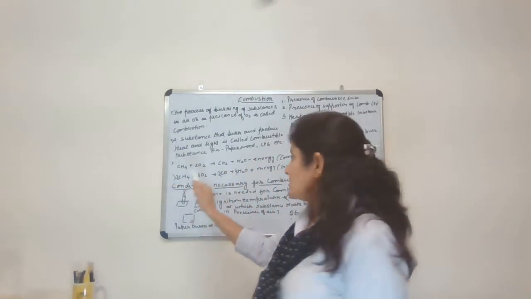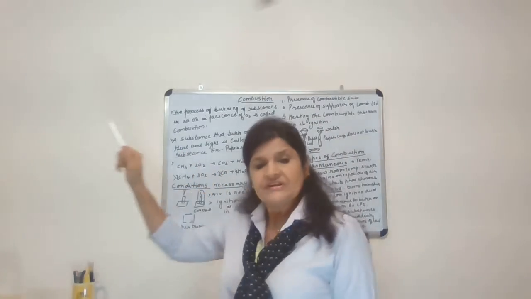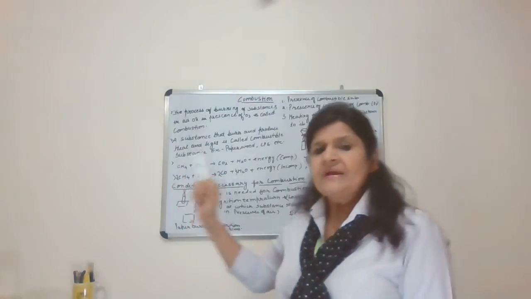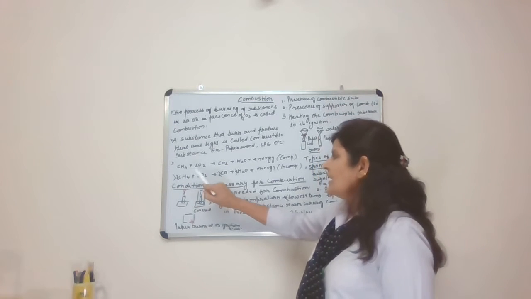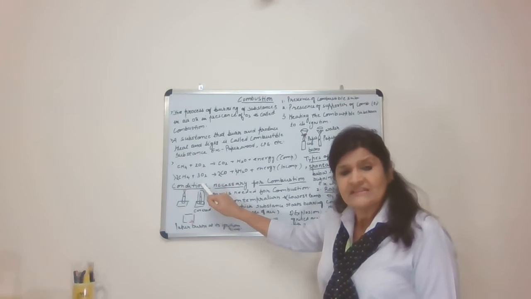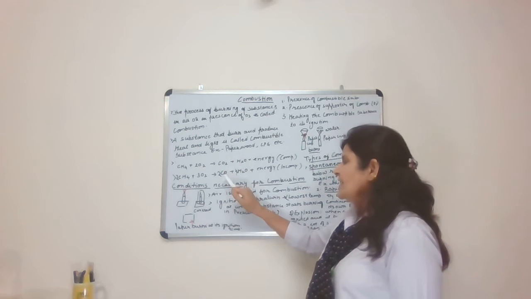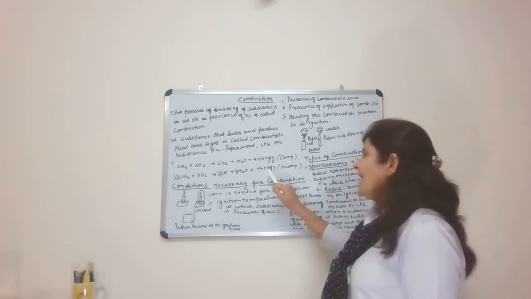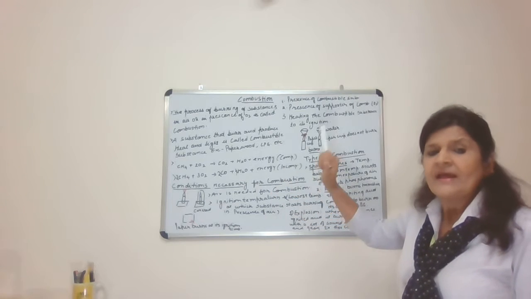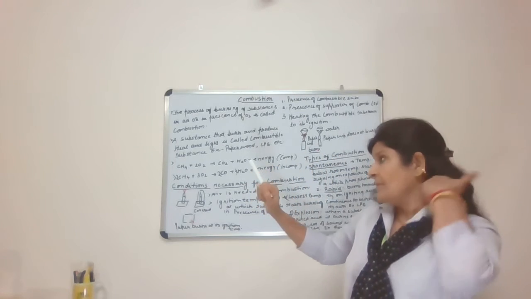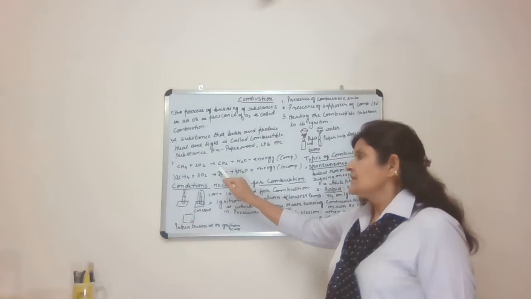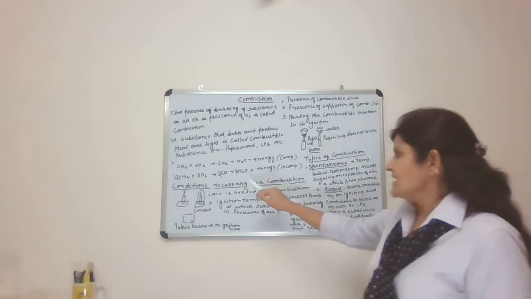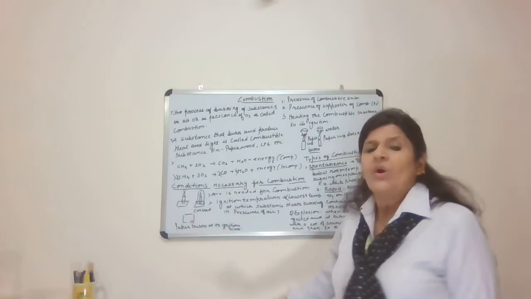Because the oxygen is in sufficient amount, this is complete combustion. But when methane reacts with an insufficient amount of oxygen, it produces carbon monoxide, water and energy, and this is called incomplete combustion. So the product of complete combustion is carbon dioxide and the product of incomplete combustion is carbon monoxide.